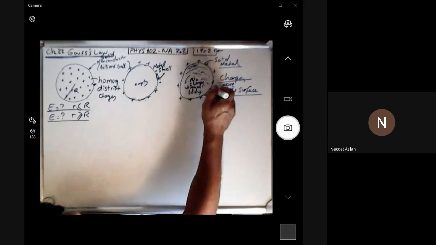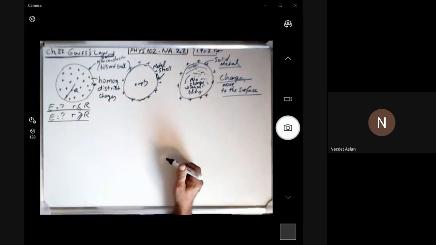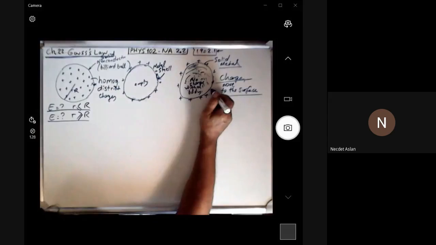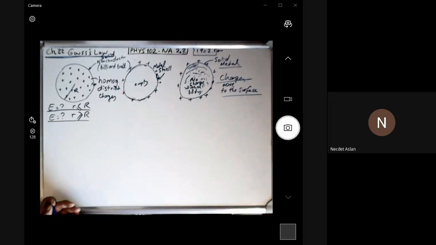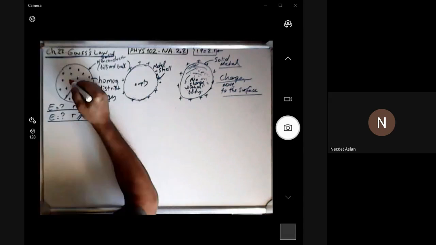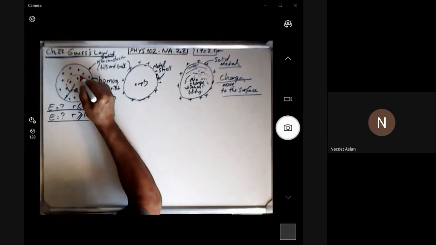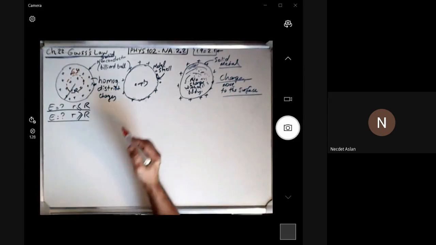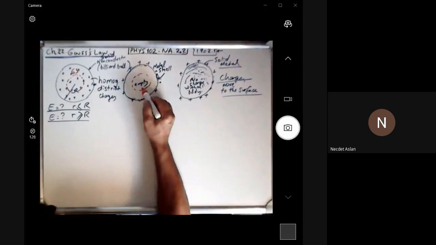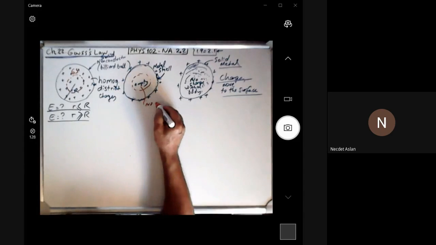The electrons only move on the surface. You can only put the charges on the surface, not inside. So if you choose a Gaussian surface inside here, of course our Gaussian surface for this case will be spherical, and here, as you see, because it's empty, there is no charge.